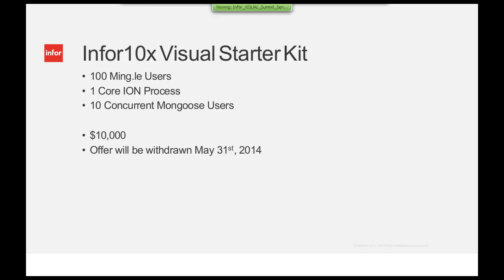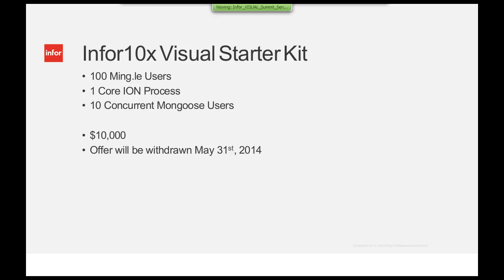We're offering a core process, so it gives the ability to connect in Visual and start working with that. And we actually give 10 concurrent Mongoose users. If you wanted to start using Mongoose to either extend applications or create net new ones, or bring some legacy applications to a more modern look and feel, we have the ability through Mongoose to do that. So we offer that as part of the starter kit.